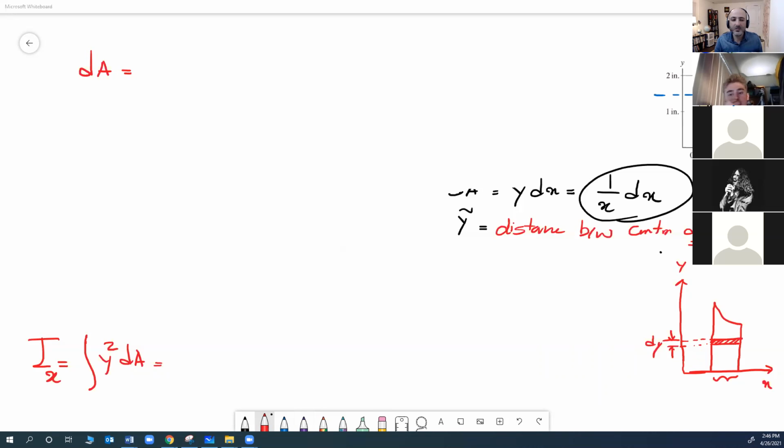So this is 0.5, all the way up to here, but remember, y is going to go from 0 to 2 inches. So from 0 to 1, y from 0 to 1, my dA is 0.5 dy. Do you guys agree?